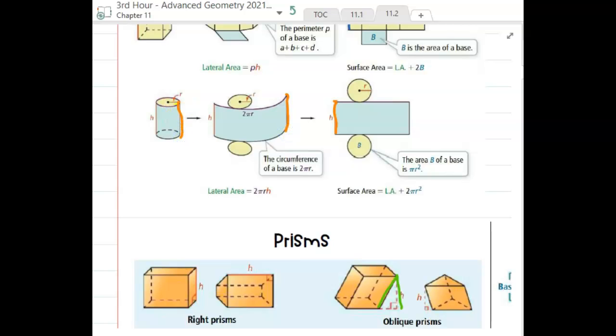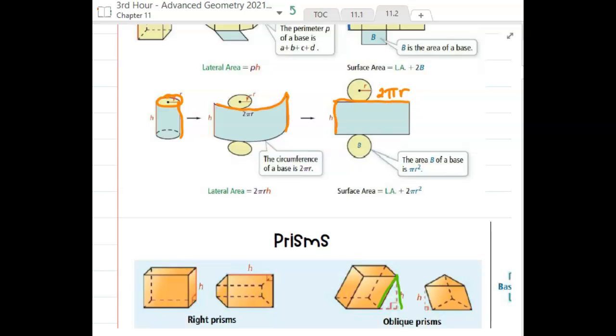Now, the base of this rectangle, what is the base of the rectangle? The circumference. So, to find the area of this rectangle, you take the circumference, 2 pi r, times the height. So the lateral area would be 2 pi r h.